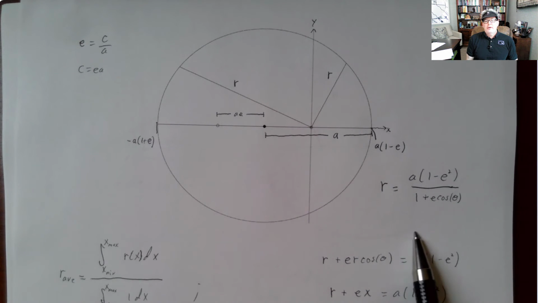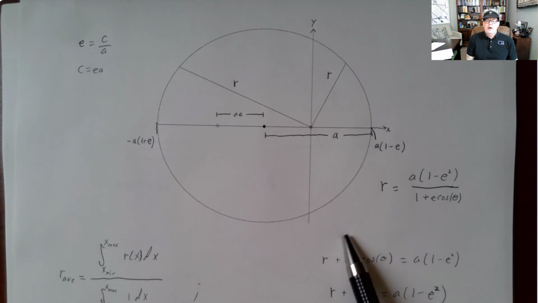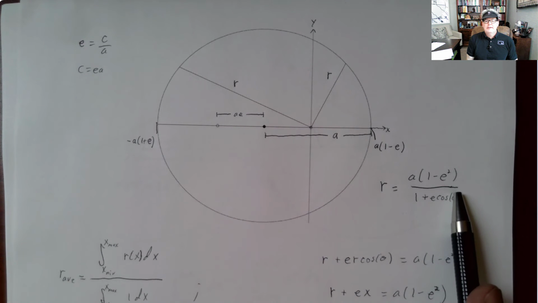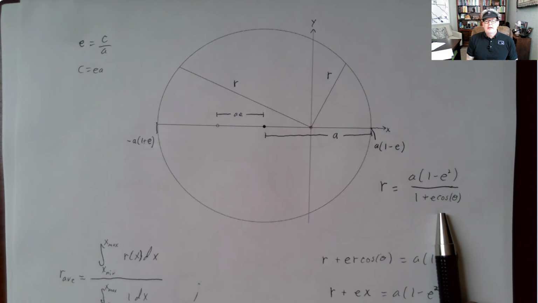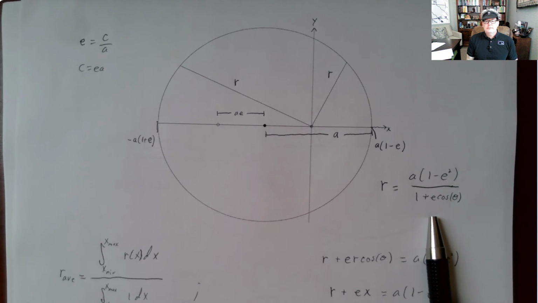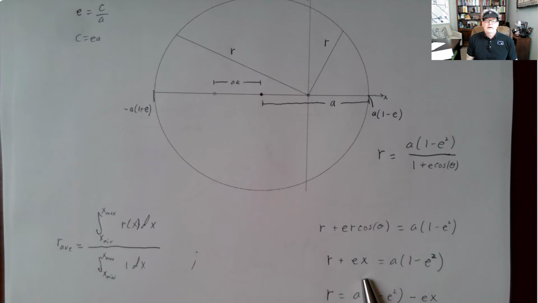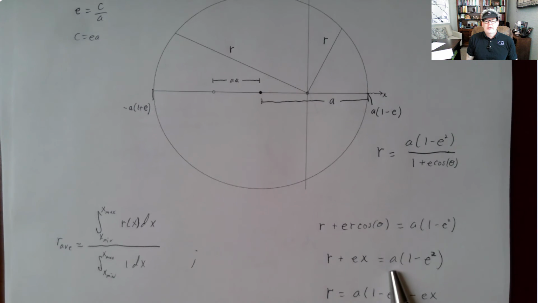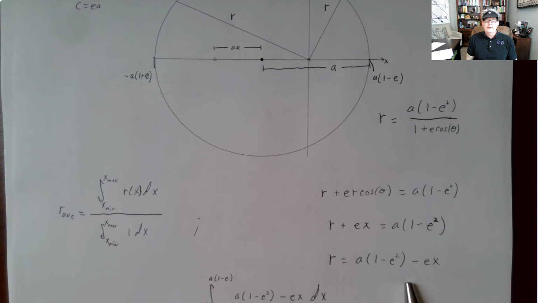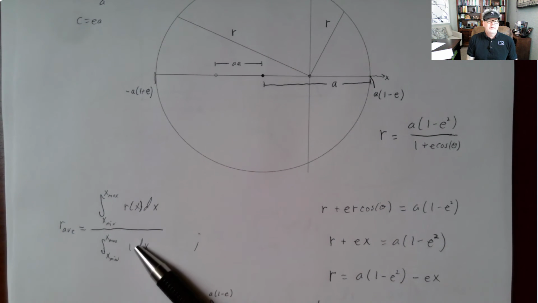So again, we've got r in this form for polar. But this time I will cross multiply. And r cosine theta is conveniently x. So I can solve for what's r in terms of x. And now I just want to integrate over the range of x.